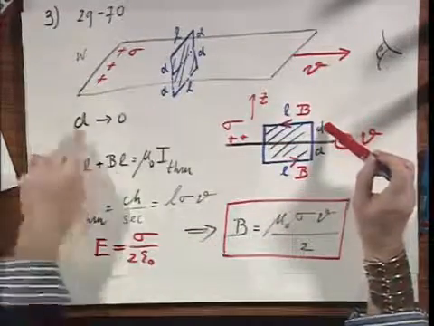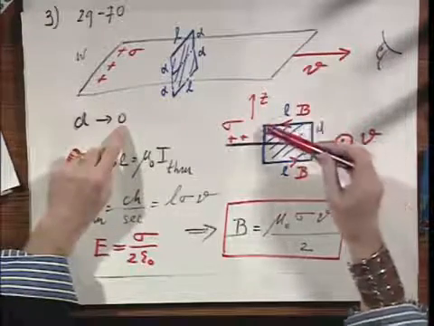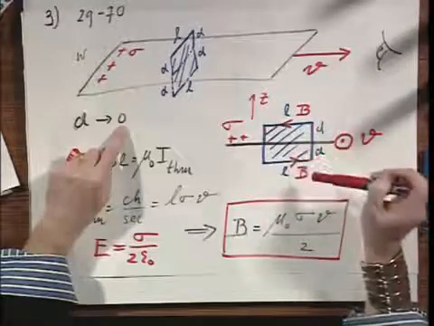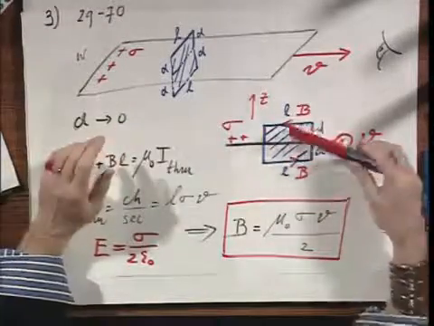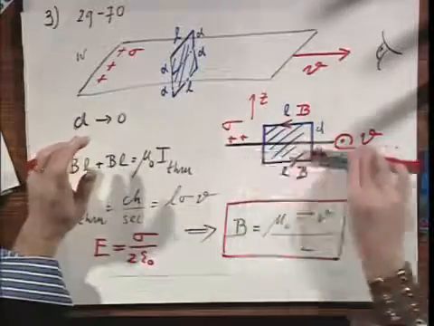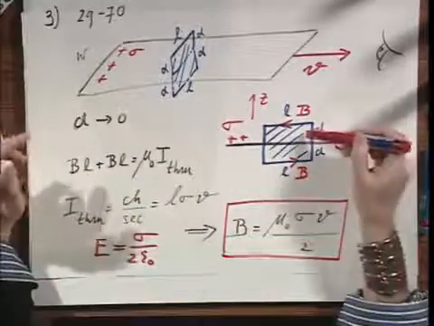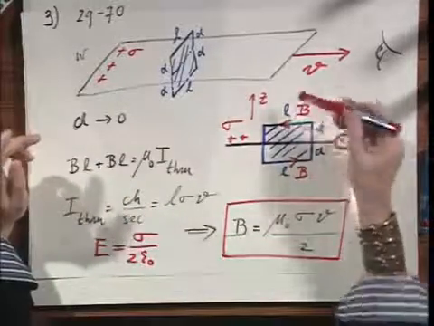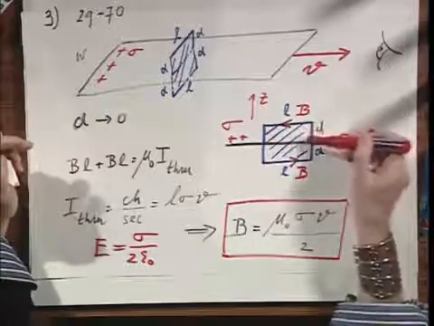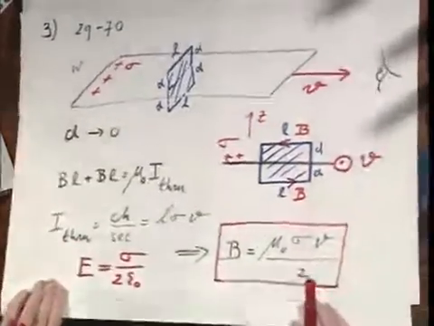So even though I made d going to 0 to convince you that there would be no contribution here of integral B dot dl, if you had accepted the fact that the magnetic field here is always in this direction and here is always in this direction, not necessarily accepting the fact that they have the same magnitude independent of z, you would still agree that B and dl here would be perpendicular to each other. And therefore there would be no contribution.